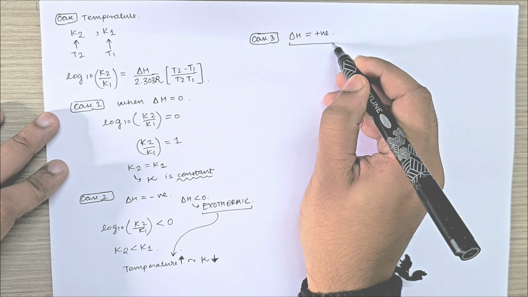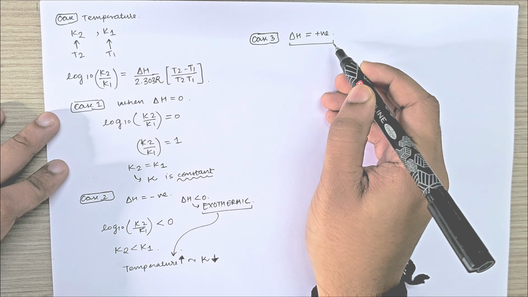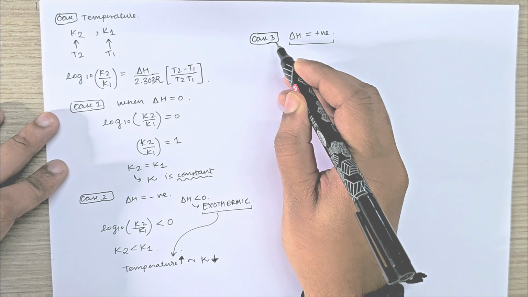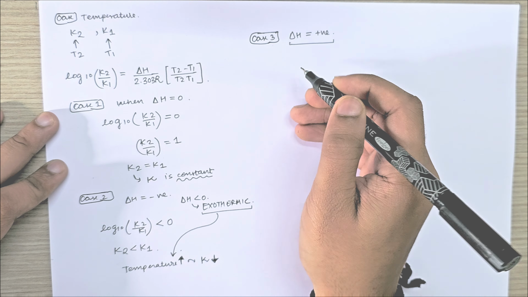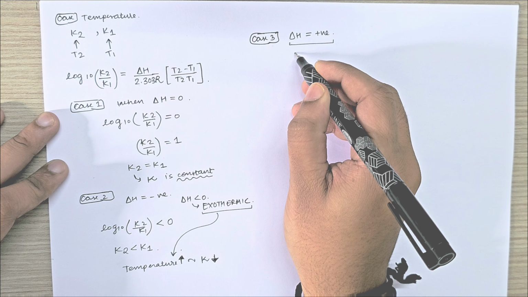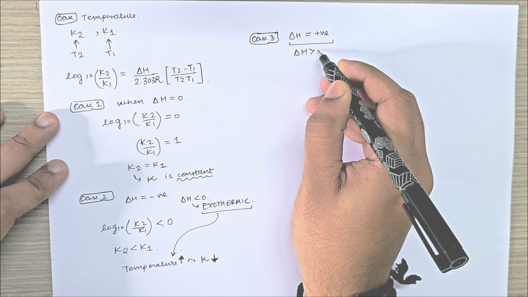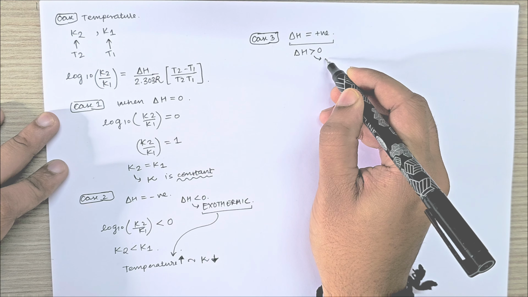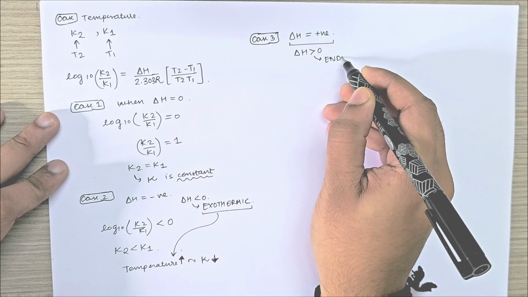Now what happens in this case? This will be the opposite condition of case 2. So here the delta H is greater than 0 and it is implying that the reaction is endothermic.